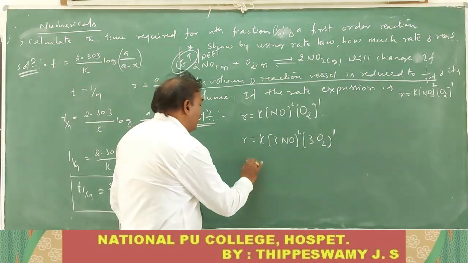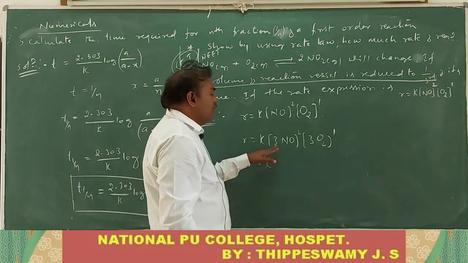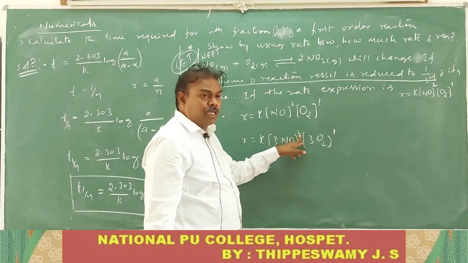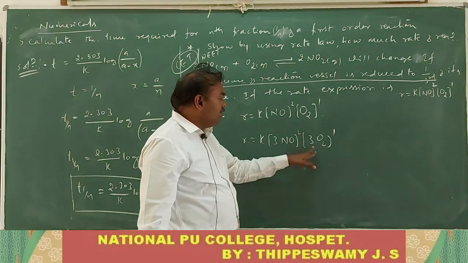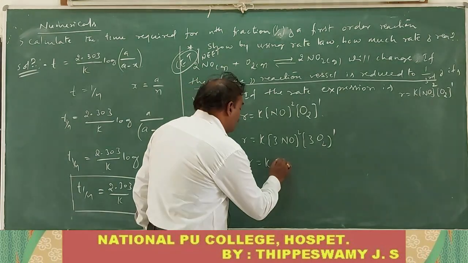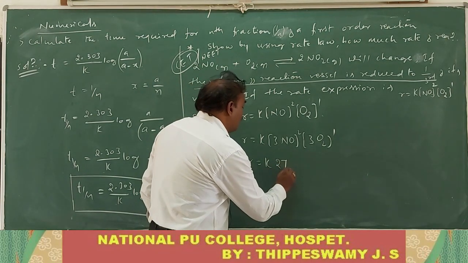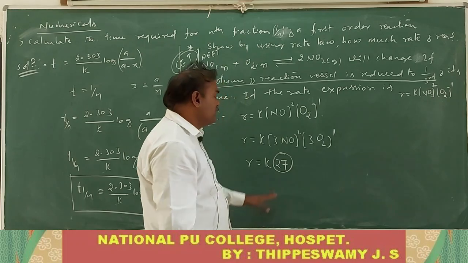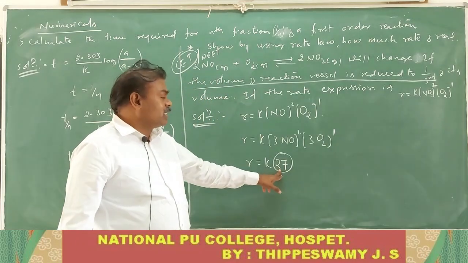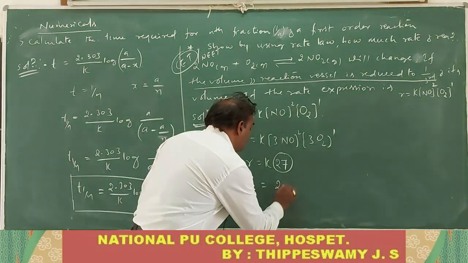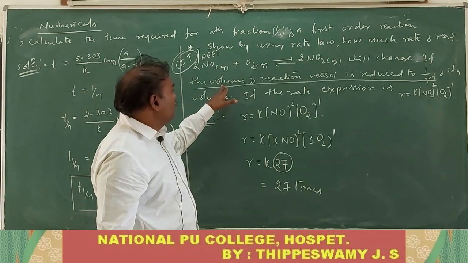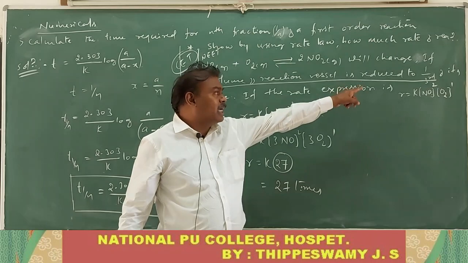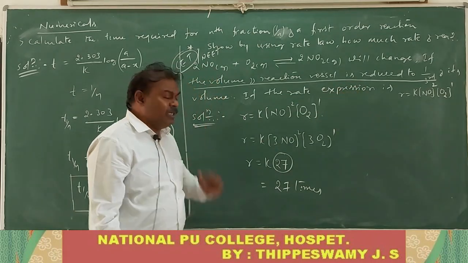Now we can write R is equal to K into 3 into 3, that is 3 square, 9, into 3 to the power 1, 3 only. 3 3 is 9, 9 3 is 27. So this is K into 27 times. That is, the rate of reaction increases by 27 times when the volume of the reaction vessel is reduced to 1/3 of its volume.